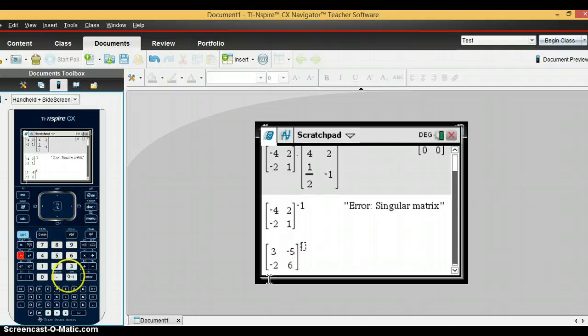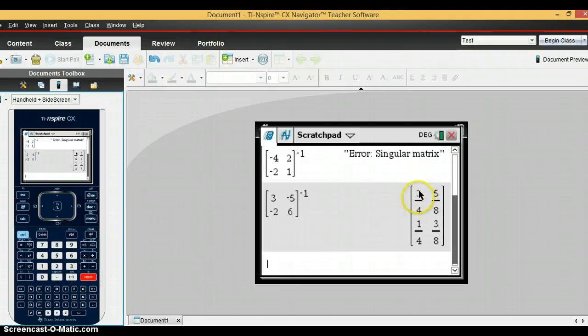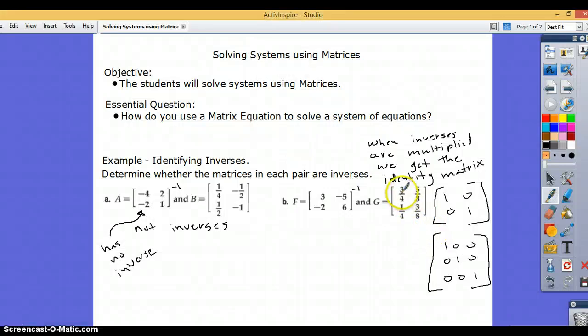So we're going to raise that to the -1. And we get 3/4, 5/8, 1/4, 3/8. So let's check it. So 3/4 good, 5/8 good, 1/4 good, 3/8 good. In this case, yes, they are inverses.